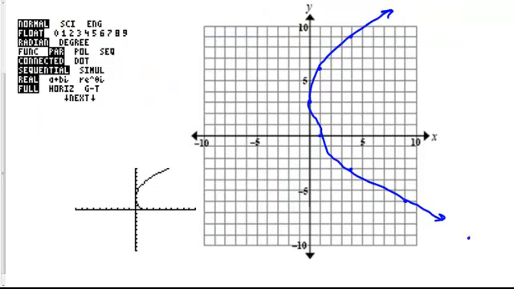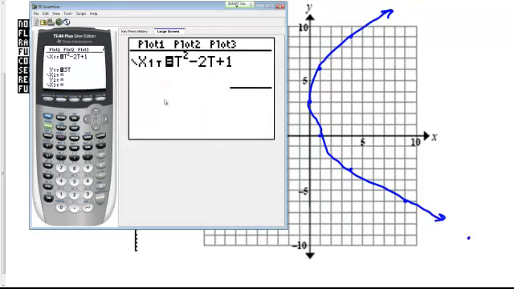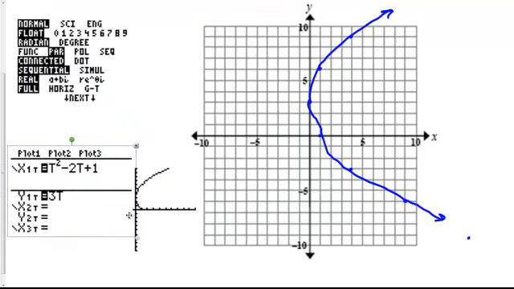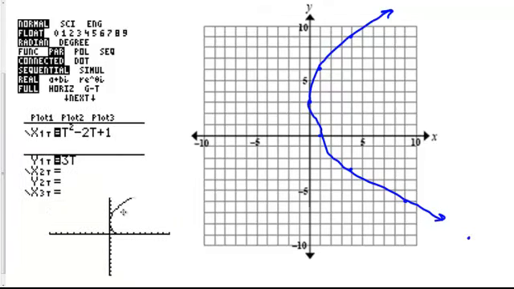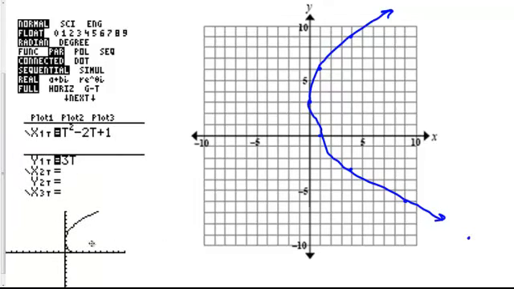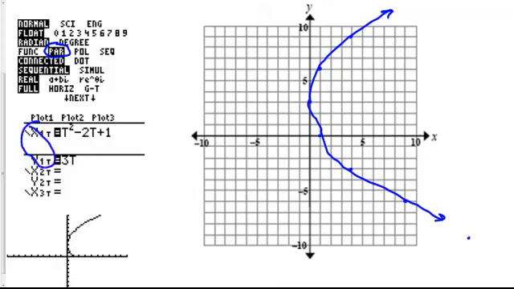Let me bring out my parametric, just bringing up a few slides so you can actually take a look at my graph. So I'll highlight a few things here. Parametric first, make sure you're in the parametric mode, and then there are your x and your y's, and then your graphs there.